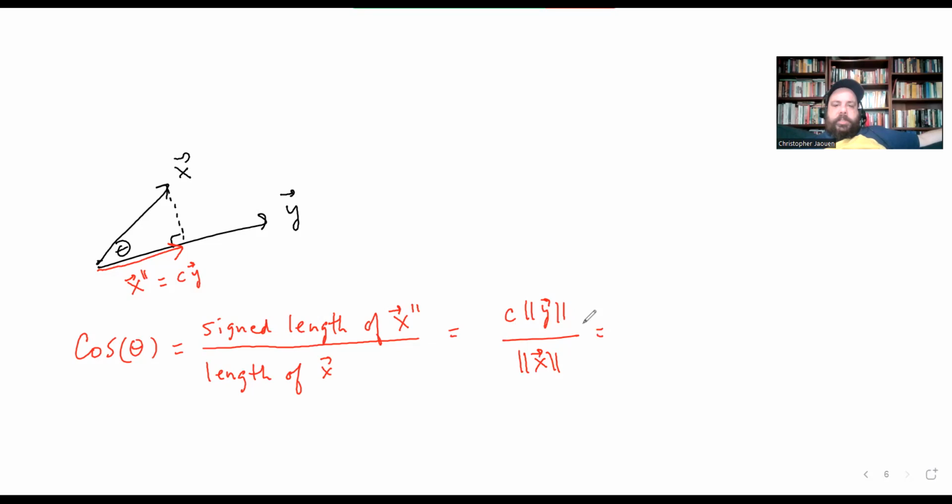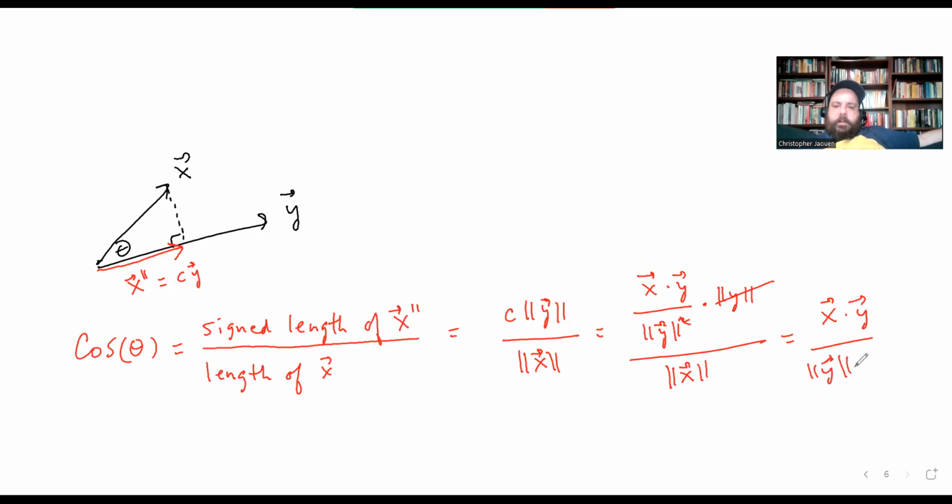And we know what c is. We've just found the formula for that. That's equal to x dot y over length of y squared. And here we're multiplying by length of y and dividing by length of x. And notice that one of these cancels. So this is x dot y over length of y times length of x.